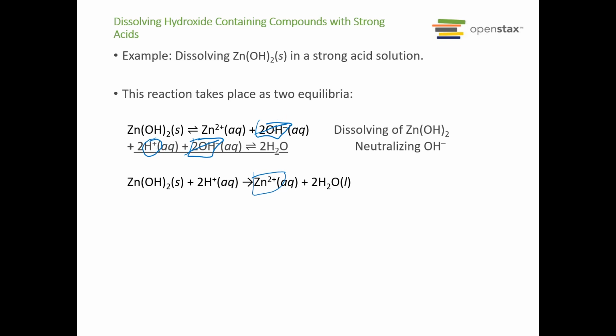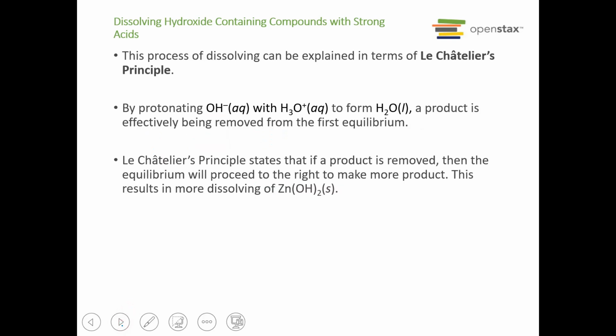If we're taking this OH negative out of solution, we're going to drive the equilibrium in the other direction to replenish the hydroxide ion as we take it out of solution. Remember Le Chatelier's principle: if we remove a product, we're going to force the equilibrium towards that side.